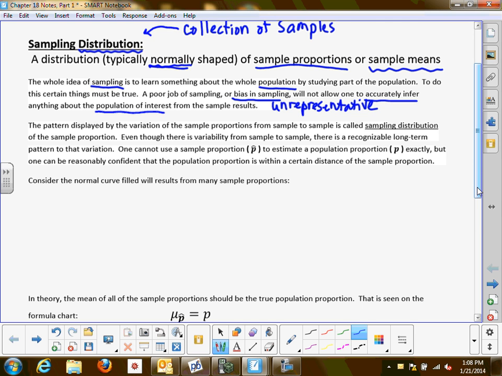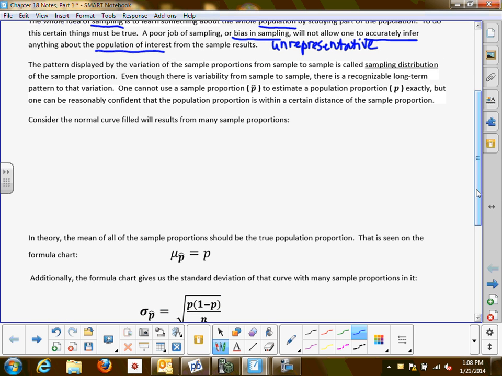Okay. So, the pattern that gets displayed, because there is variation from sample to sample. Let's think about this. In a minute, when I give you all your sample of M&Ms, are you all going to end up with the same proportion of blue M&Ms and the same proportion of orange?